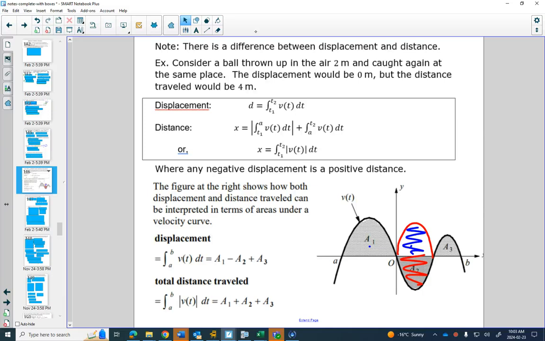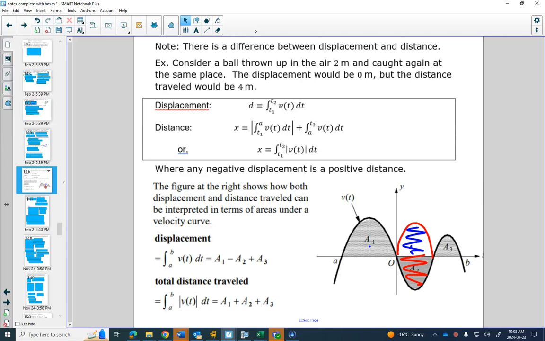So one of the things that we're going to do is, hey, if I took this initial velocity function and I took the absolute value of it, that would flip parts that were negative above the x-axis. And now all of my areas are positive. So displacement is just the regular integral between two values. Distance, this is the complicated way of doing it.